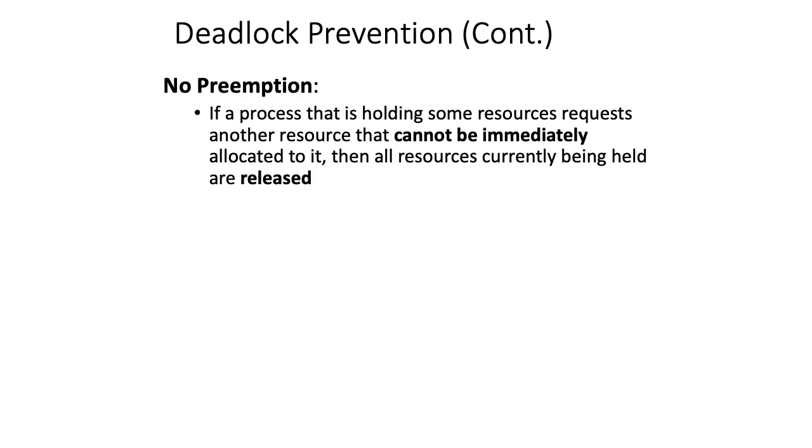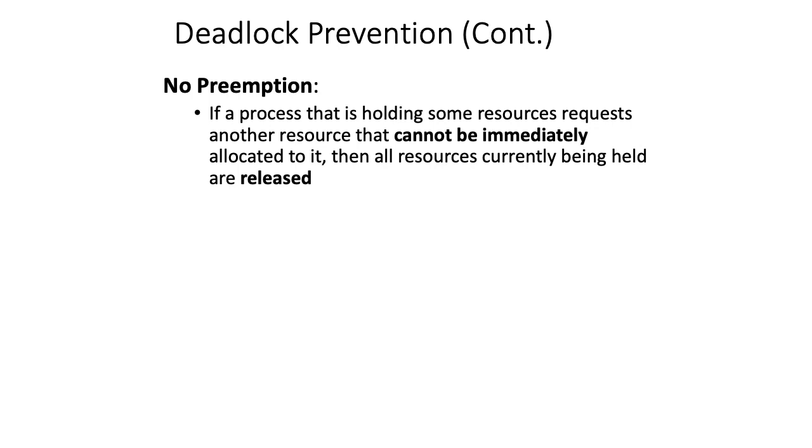Now the third condition, which is no preemption, how can we invalidate that? So we can say, okay, if a process is currently holding some resources and it's requesting another resource that is not yet available and it cannot be immediately allocated to it, then all the resources that are currently held by that process must be released. And those preempted resources will be added to the list of resources for which that thread is waiting, right?